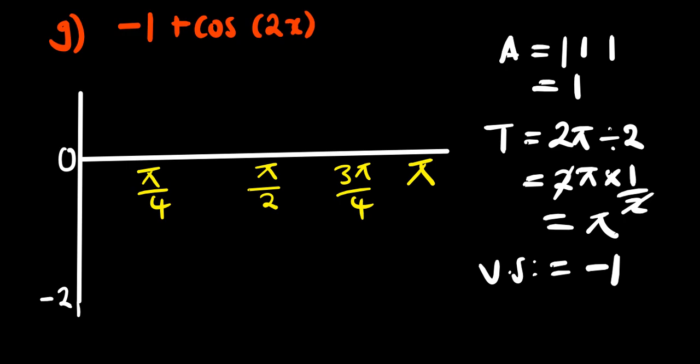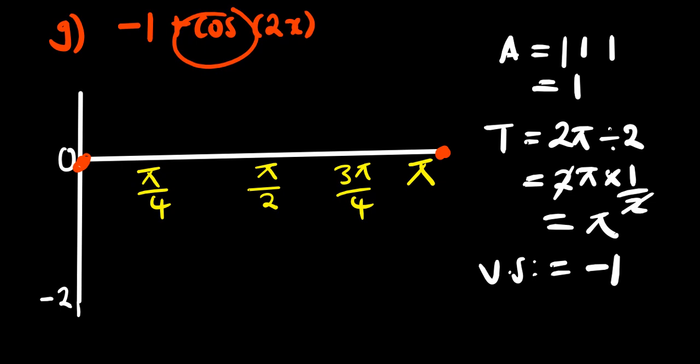Now this is a cosine graph. So for the cosine graph, you know that it always passes through this point and it ends at that point. Okay, so how is our graph going to look? Because this is a positive cosine graph, it's going to move in that same fashion.